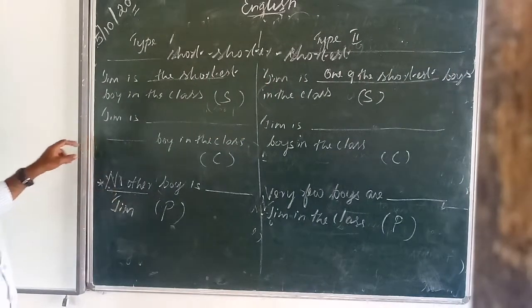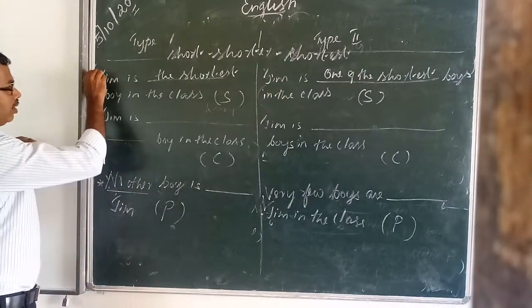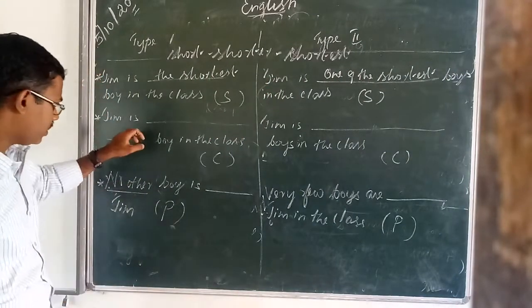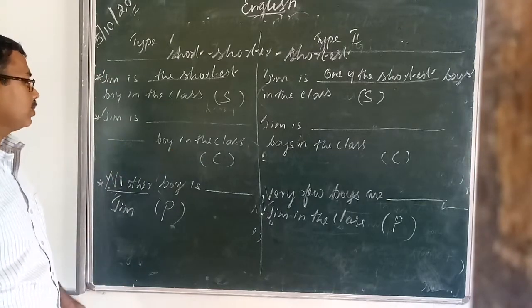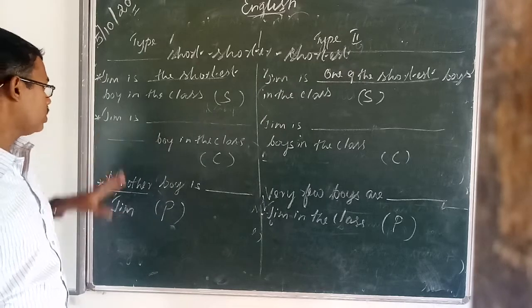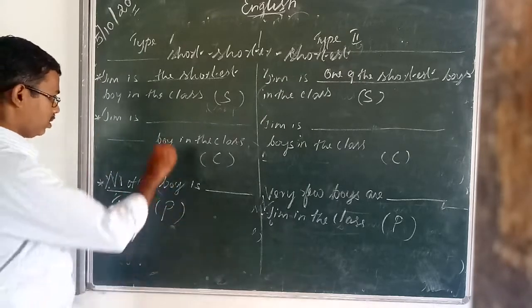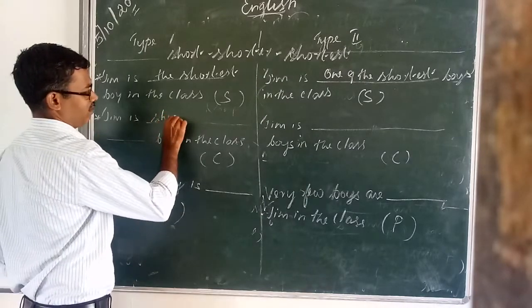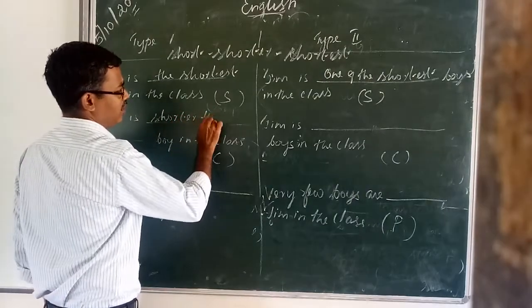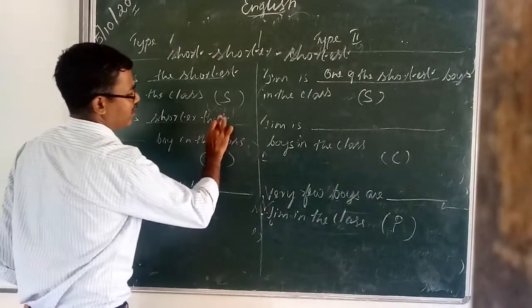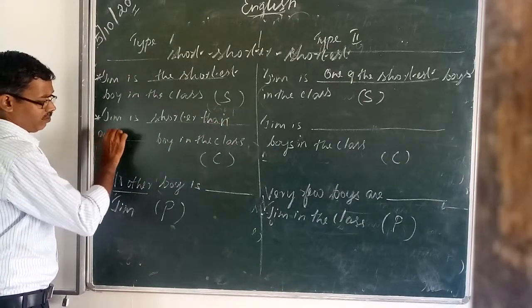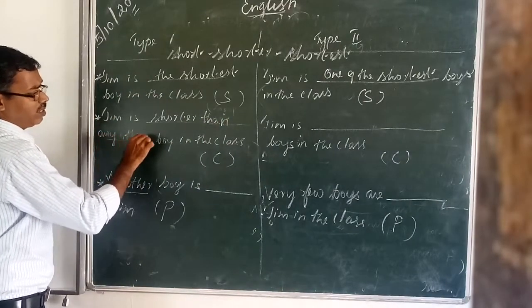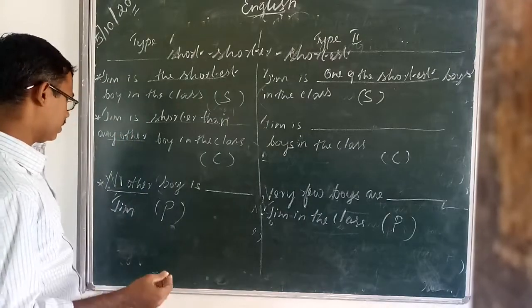Then when you come to the second one, comparative. Jim is dash boy in the class. Short will be given in the bracket, we have to change that one. Jim is shorter than any other boy in the class.